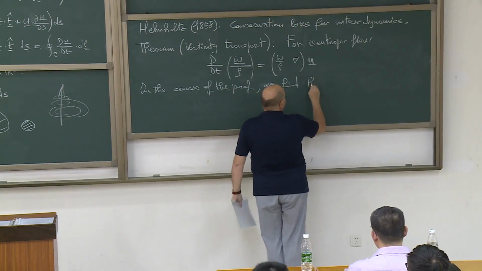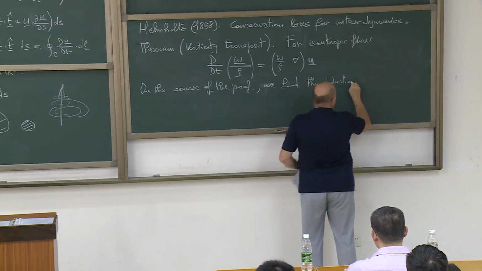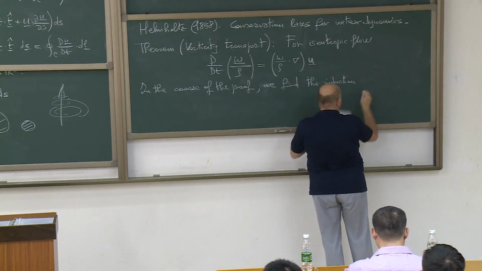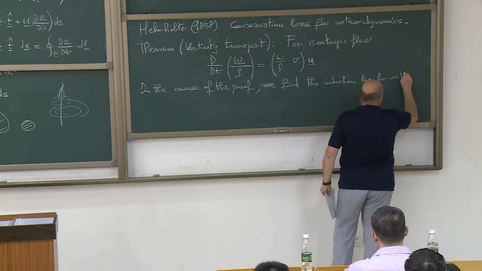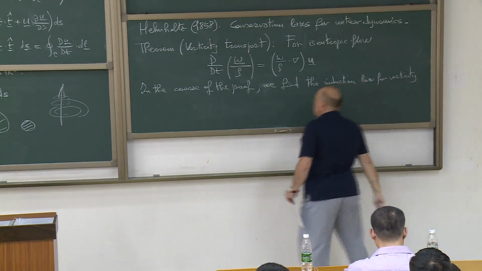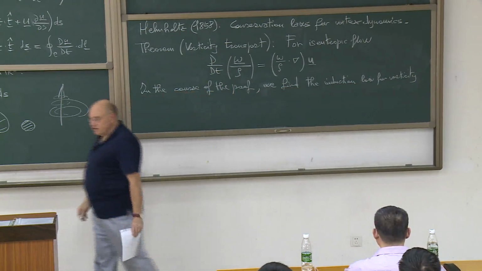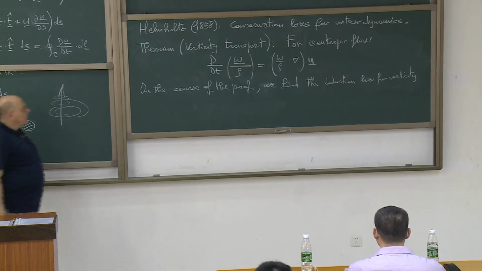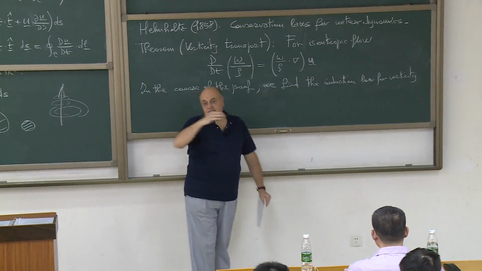We find the induction law for vorticity. In deriving this, at a certain point, we start from Euler equations and we take the curl, etc. We need the curl. So the first steps are easy.